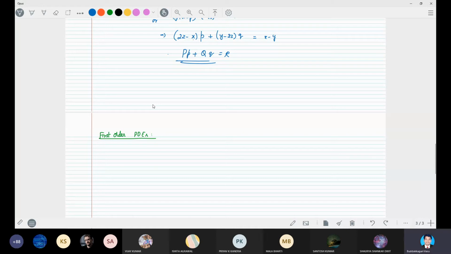And also in many equations we have seen, by eliminating the arbitrary functions, there also we obtain the first order PDEs. Why do we call them first order PDEs? Because only first order derivatives are involved, or one-time differentiation is enough to form the differential equations in such cases. Okay, there may be second and higher order PDEs also we can form, where it is not possible to eliminate with one-time differentiation, right?